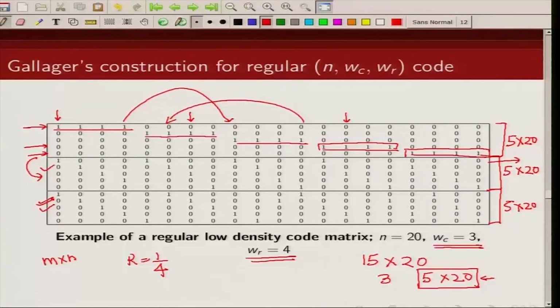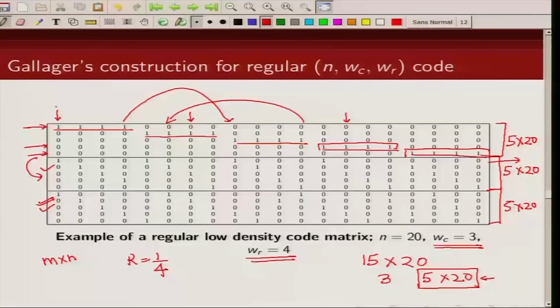The subsequent sub matrices are obtained by column permutation, and by doing so I am not disturbing the row weight or the column weight. The column weight of this sub matrix is still 1, the row weight is still 4. Now I am able to design these 3 sub matrices of 5 cross 20, each with column weight 1. So the overall column weight will be 3 and the overall row weight is still 4.